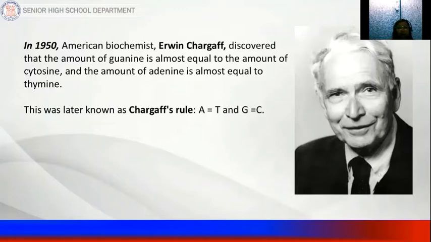So it was Erwin Chargaff who concluded Chargaff's rule, which is that for adenine, there should be an equal or balanced number of thymine, and guanine to cytosine, and so on and so forth.